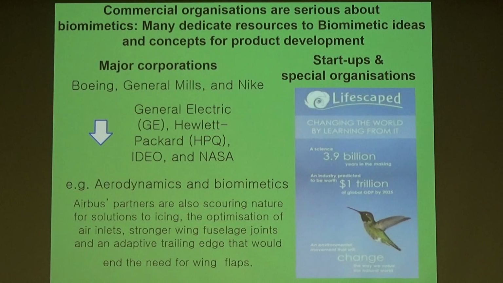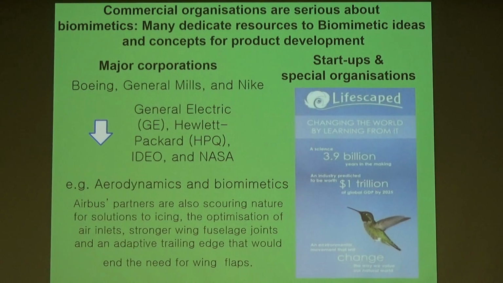A lot of big companies now have core biomimetic teams, and they dedicate some resources to develop biomimetic ideas and concepts for developing new products. For example, Boeing, General Mills, and large computer firms.